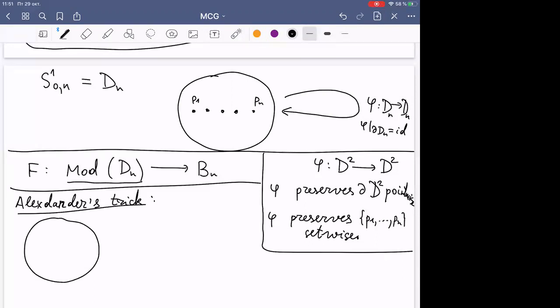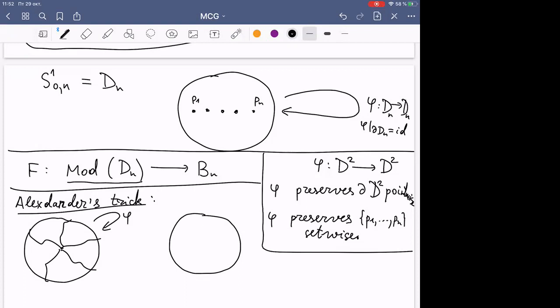When we have any homeomorphism of the disk onto itself which fixes the boundary pointwise, there is a canonical way to produce an isotopy between this homeomorphism and the identity.